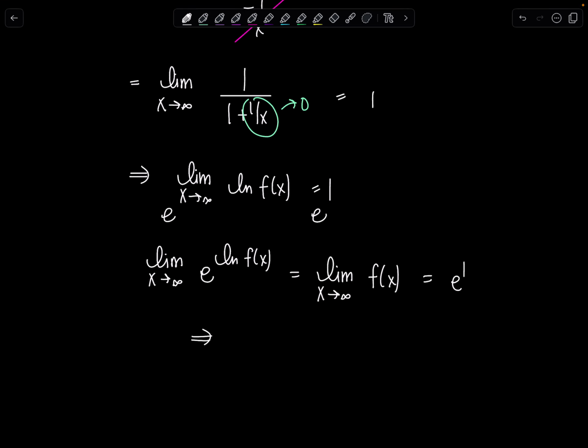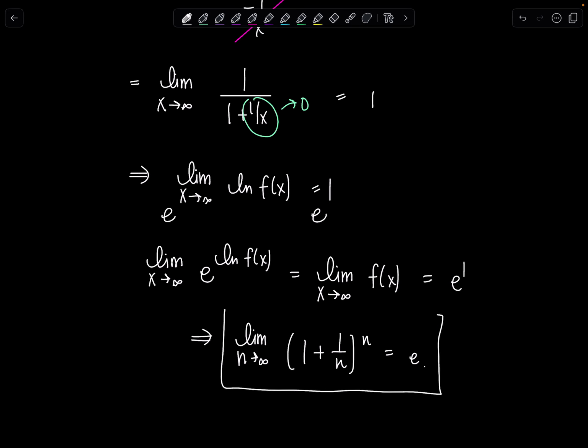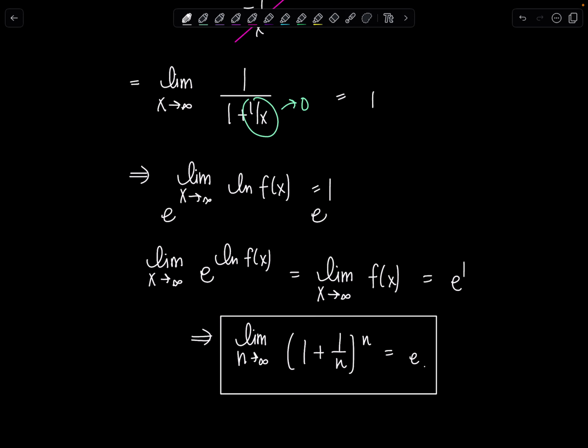Whew, so at long last, we can say the limit as n approaches infinity of (1 plus 1 over n) to the n is also e. Hopefully your instructor will let you just use the fact that this is our definition of e on your exam without having to prove it, but just check with them.